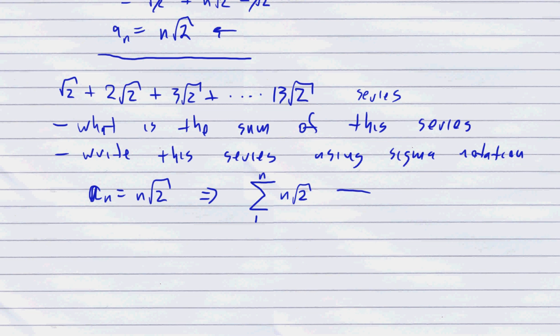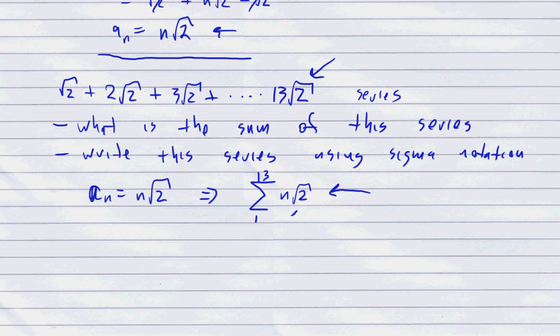Since we know there are 13 terms in the series, n would go up to 13. So we use the formula for the nth term as the formula for the series.